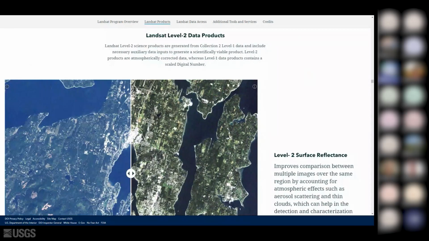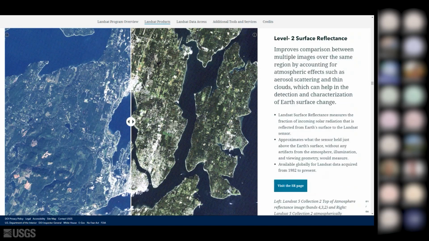Next, let's go into our Landsat Level 2 data products. They are generated from our Level 1 data, which we just went over, and our Level 2 products are atmospherically corrected. First, let's look at our Level 2 surface reflectance data product. This example you see here covers the Missouri River in South Dakota.